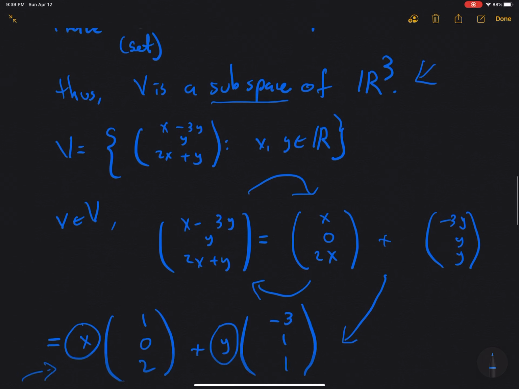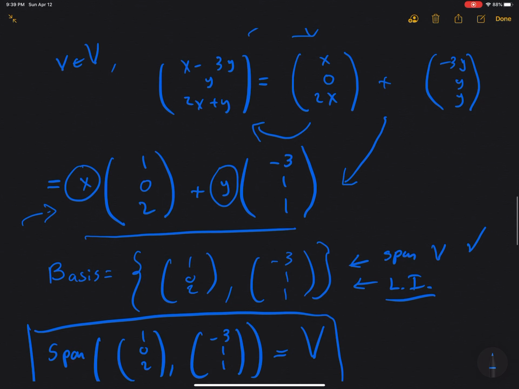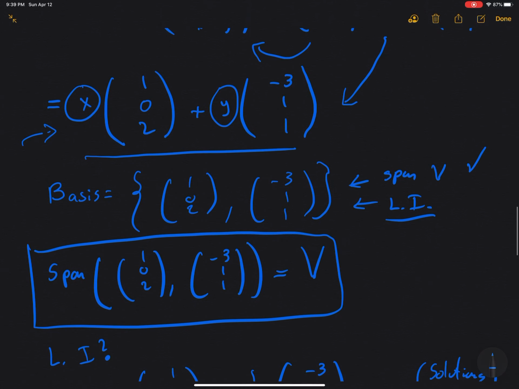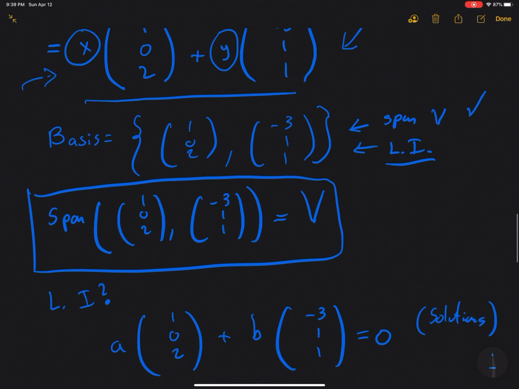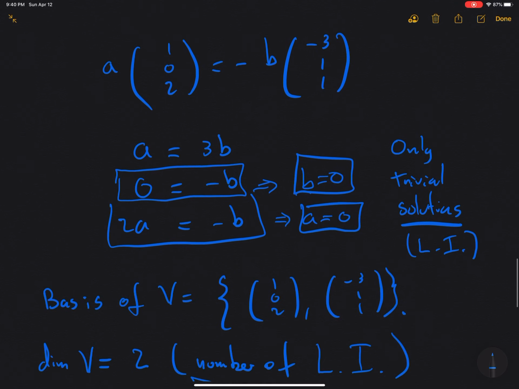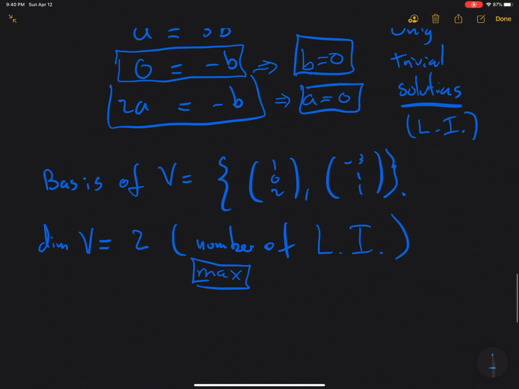I also went ahead and tried to find a basis for this, which means try to find two vectors that will generate the whole thing. That means that they will span the vector space, and they also have to be linearly independent. So with all those considerations, we have that this has dimension 2.